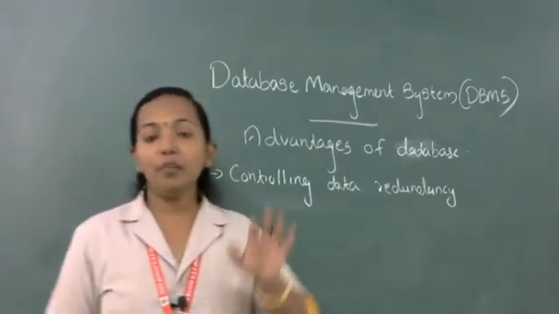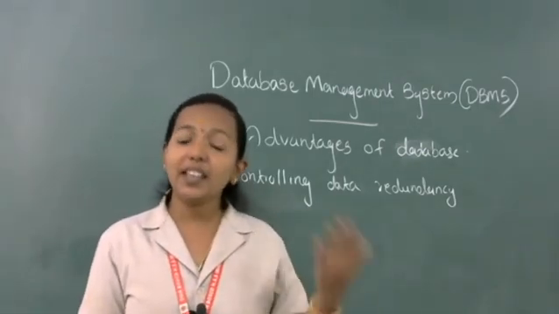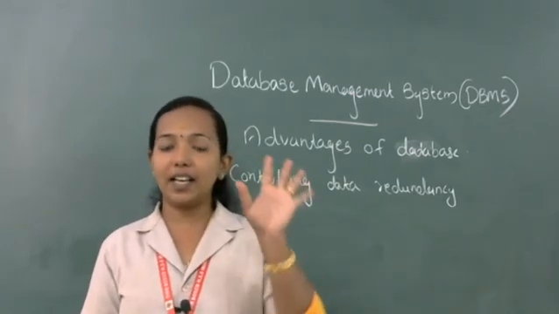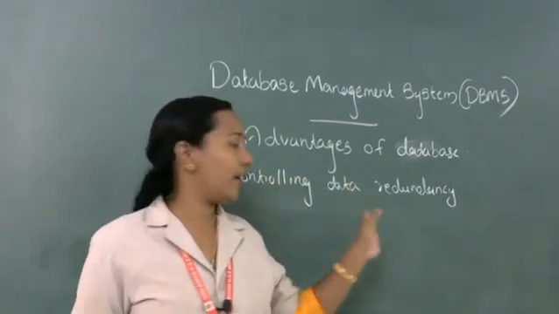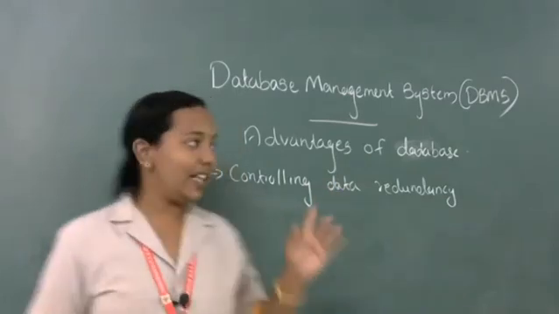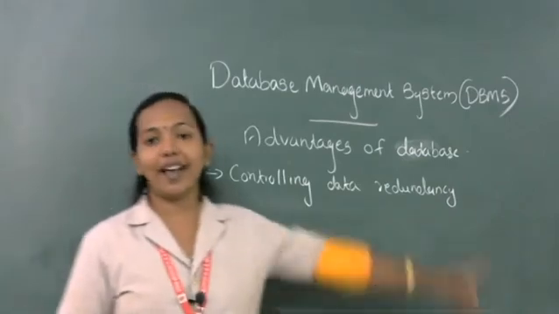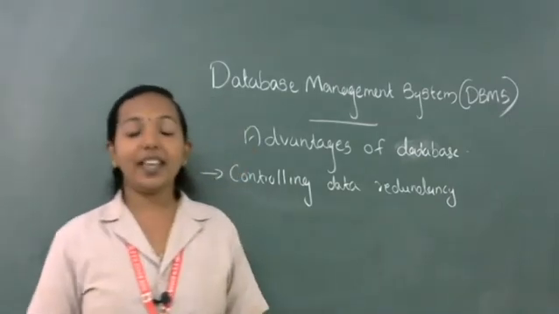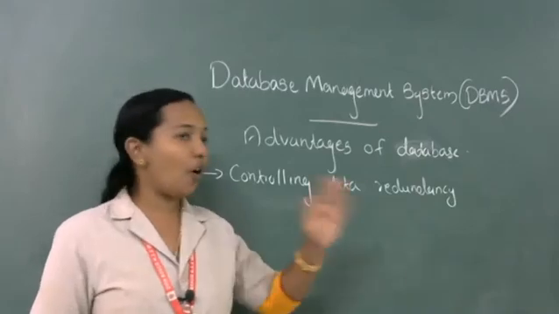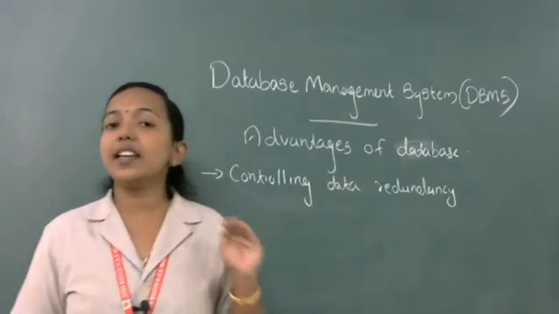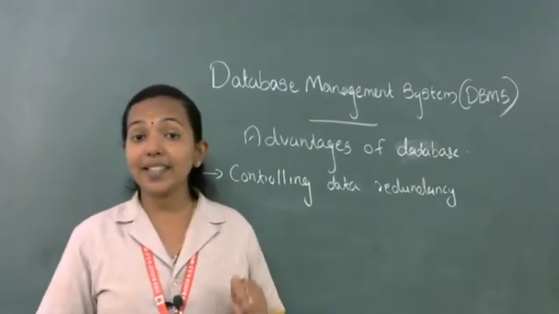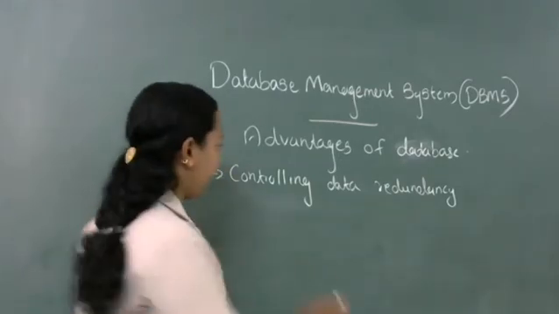If that data is already present and a duplicate value comes in, it will flag that this is duplication or redundancy, so we can't add that kind of data. That is known as controlling data redundancy. It can avoid duplicate values in the database, so only the essential details will be available.